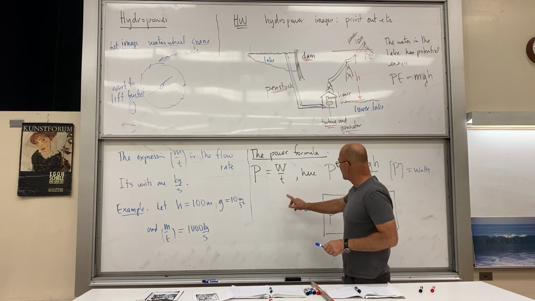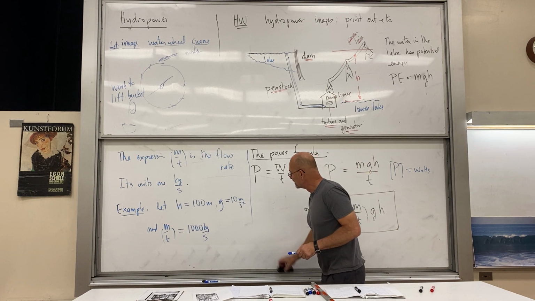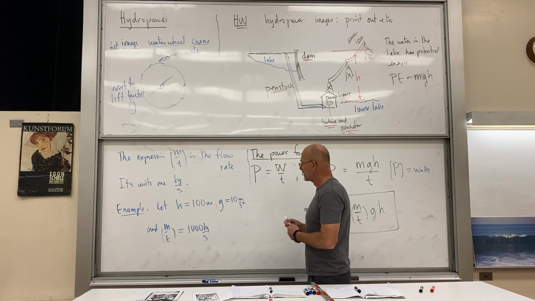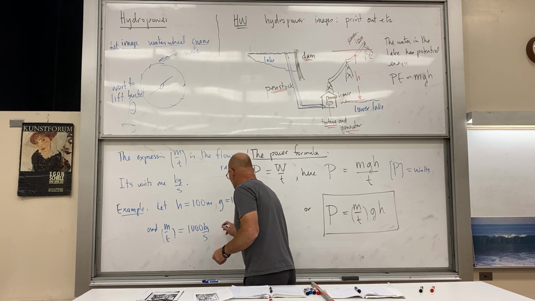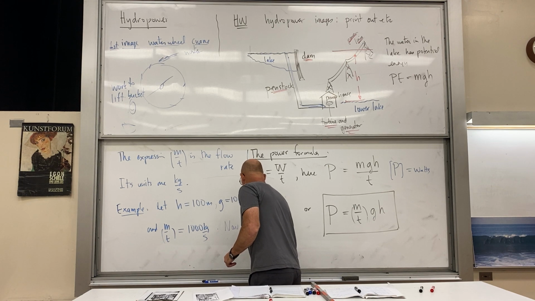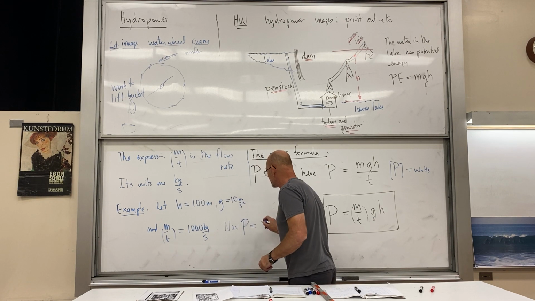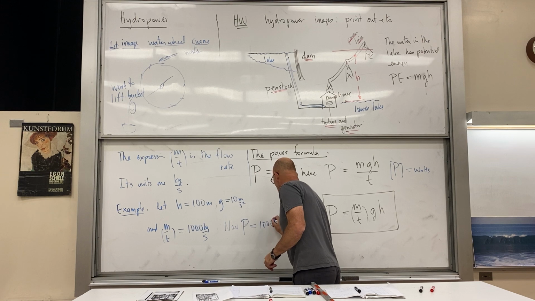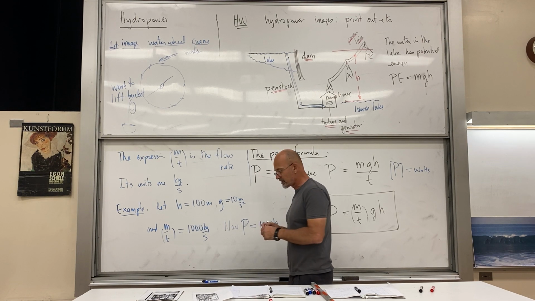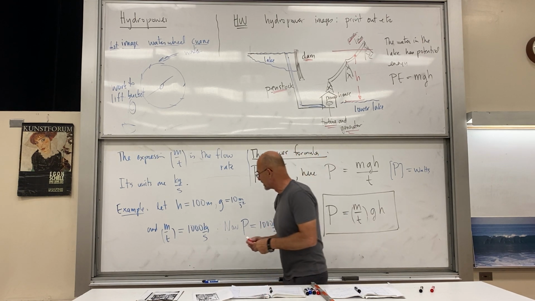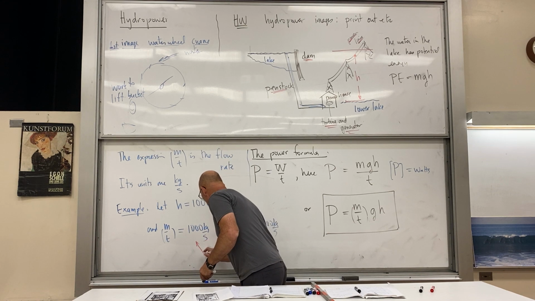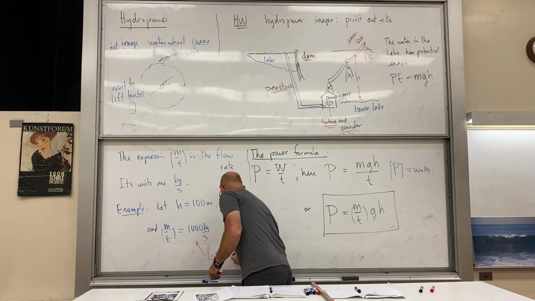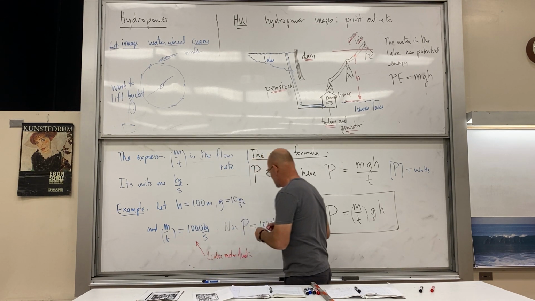We'll plug those numbers into the power formula and see what we get. Notice I chose easy numbers. So power is equal to 1,000 kilograms per second. I'm going to put a note there: this is 1 cubic meter of water, just so you can visualize it.